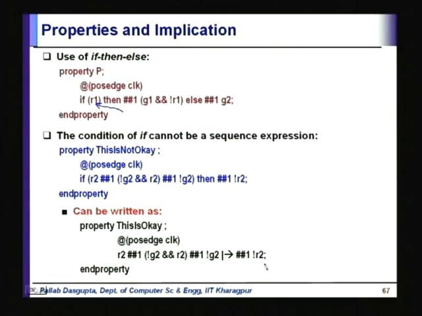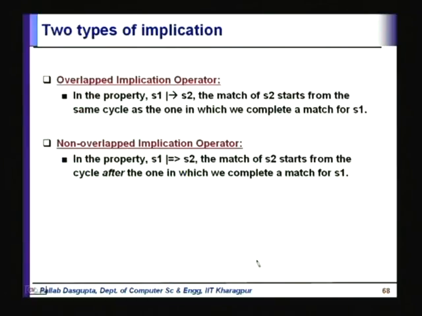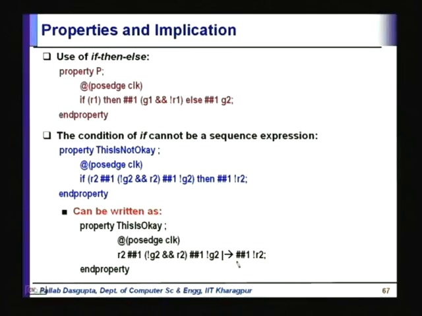So, this is implication. Again, there are two types of implication. One is the one that we have seen so far, namely one which looks like this. This is called the overlapped implication operator, in the sense that the match of S2 starts from the same cycle as the one in which we complete a match for S1, right. So, that is why you may have seen that we put a hash 1 here to indicate that not R2 must hold in the next cycle, right.